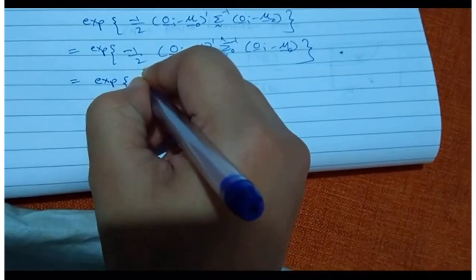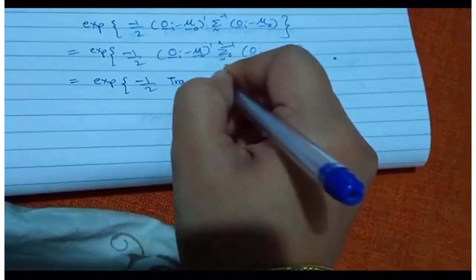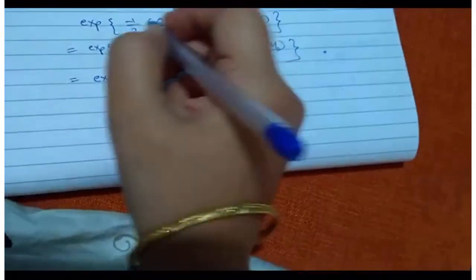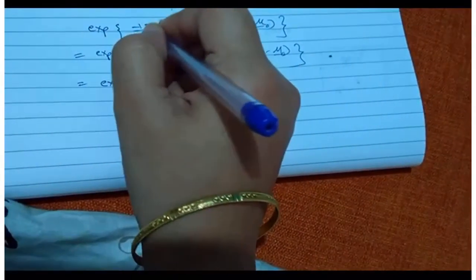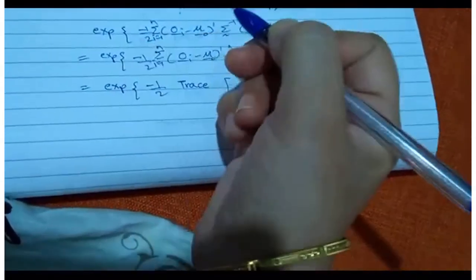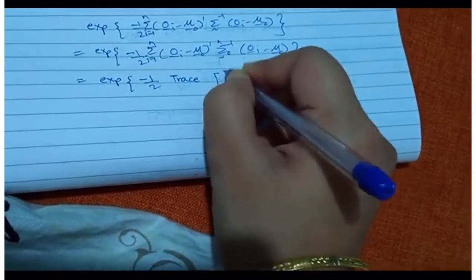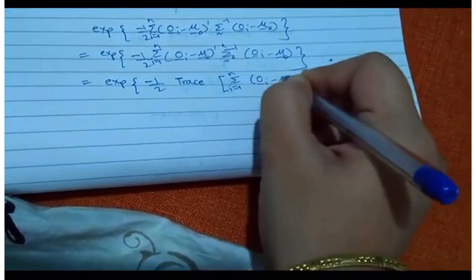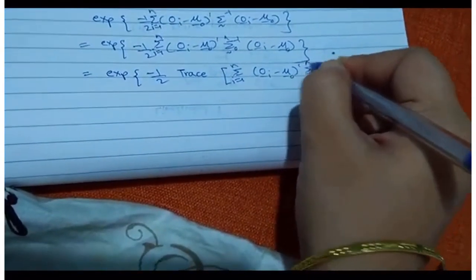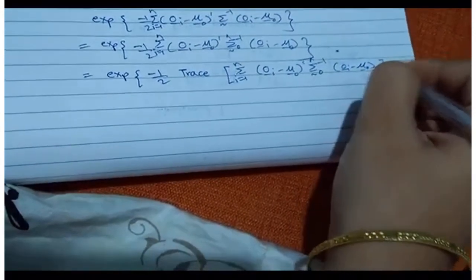So this would become e raised to minus half, I'll keep minus half outside, trace of, of course I'm forgetting summation, so summation i going from 1 to n is there. I will take the summation inside, i going from 1 to n, (y minus mu naught) prime sigma naught hat inverse (y minus mu naught).